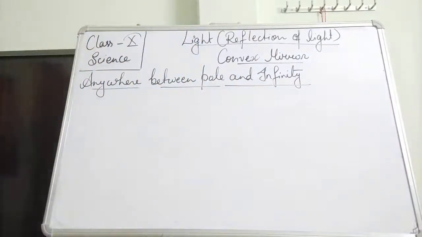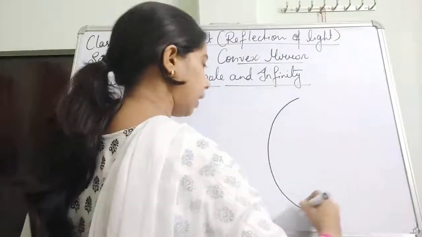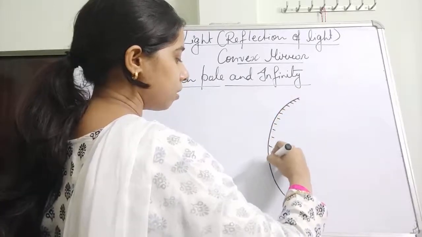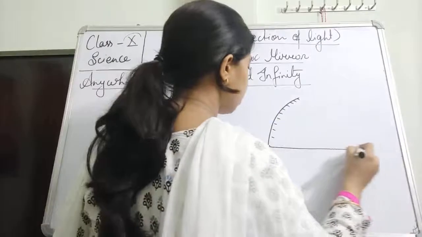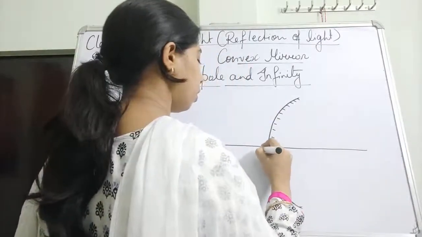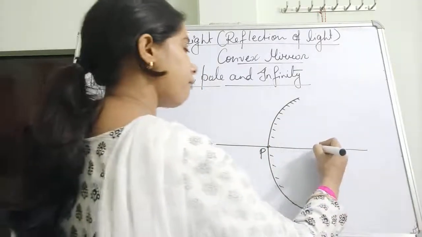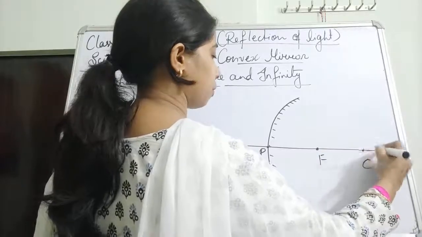So here, suppose, students, a convex mirror is there, and this is the pole. Now here this is the focus, and this is the center of curvature.